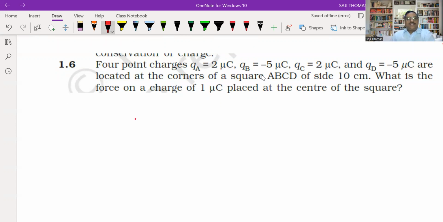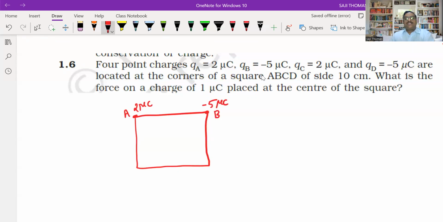So you have a system of charges. You have to apply the superposition principle. So this is the square, right? This corner I name it A, 2 microcoulomb. You have to name the corners. B, here minus 5 microcoulomb is placed, and C 2 microcoulomb, and at the corner D -5 microcoulomb.